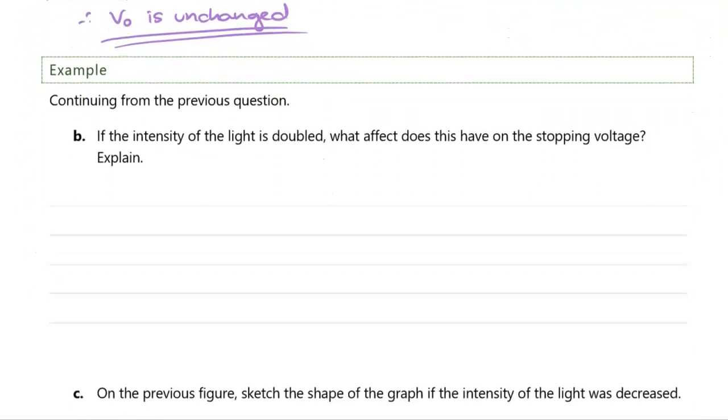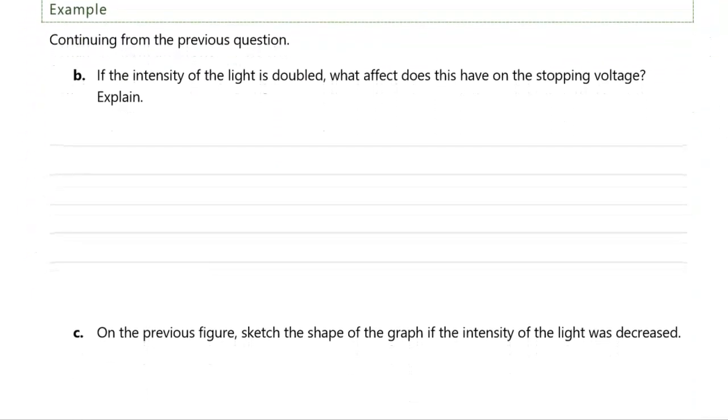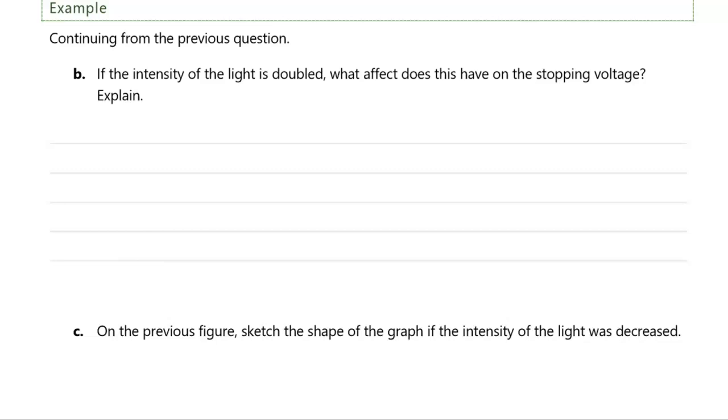So looking at that continuation of the past exam question, what effect does this have on the stopping voltage? None. Let's explain that. So let's make a note of the fact that intensity does not change the energy of individual photons.